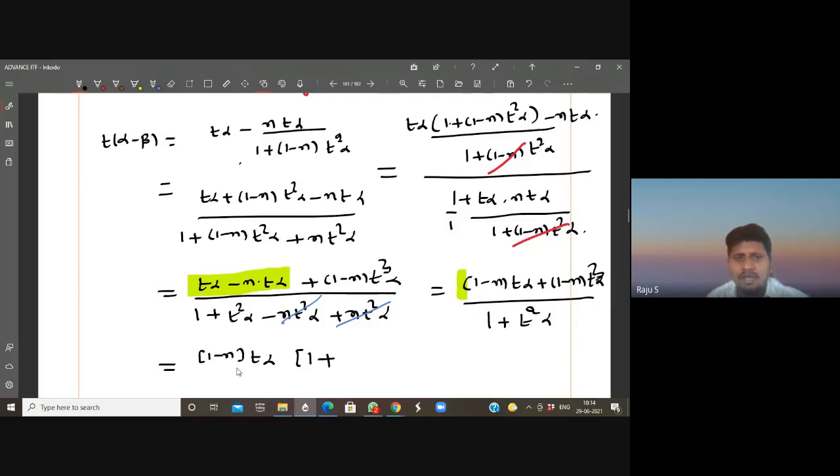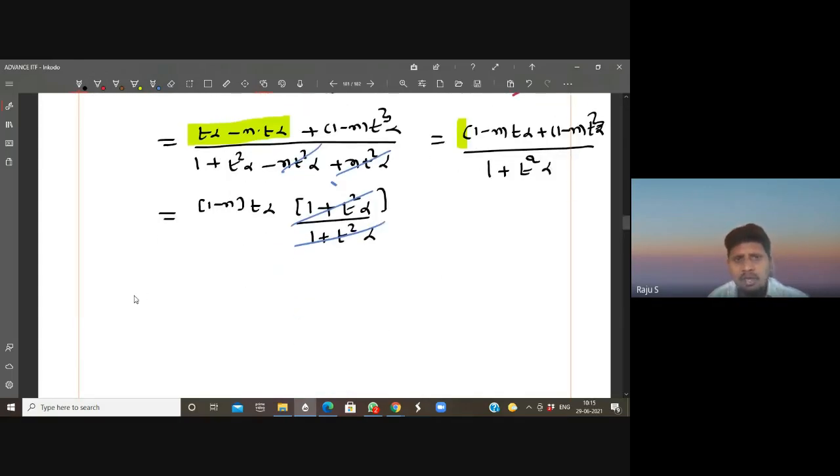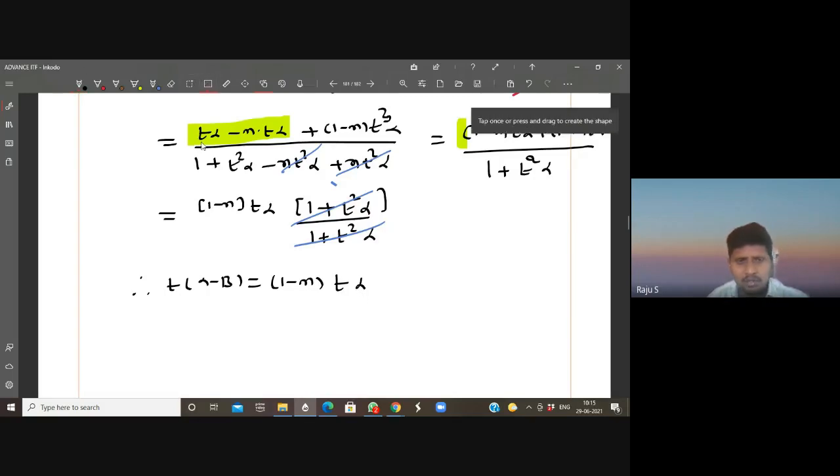When I take 1 minus n into tan alpha common, what is the remaining value? Tan square alpha. Is it clear? By 1 plus tan square alpha. Okay, again here 1 plus tan square, 1 plus tan square get cancelled. So finally, what is the answer? Therefore the answer is tan of alpha minus beta is equal to 1 minus n into tan alpha. I got the answer.